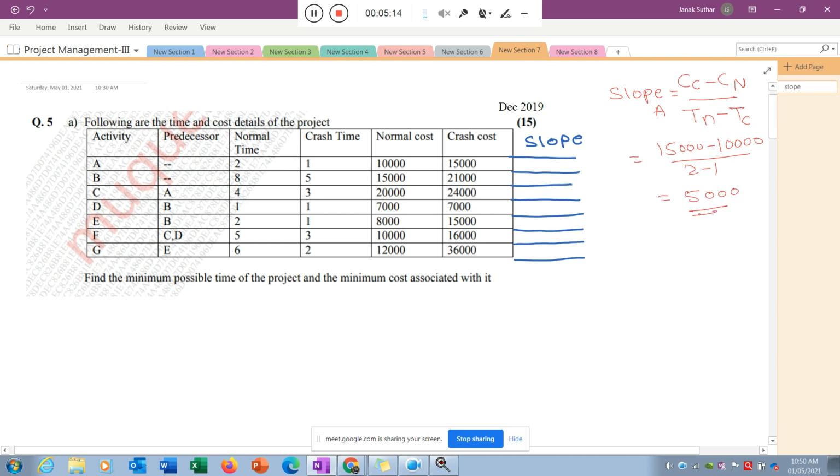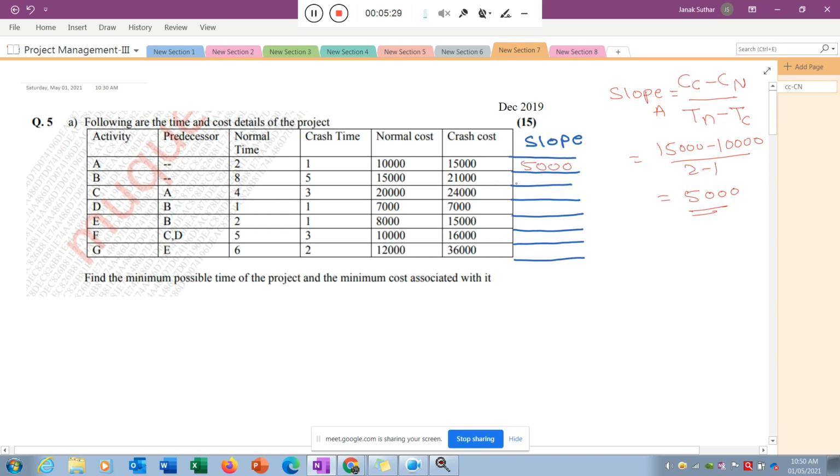That is the initial step of the crashing: you need to calculate the slope related to each activity. So I write down quickly what the slope would be for each activity. Here, 5000.